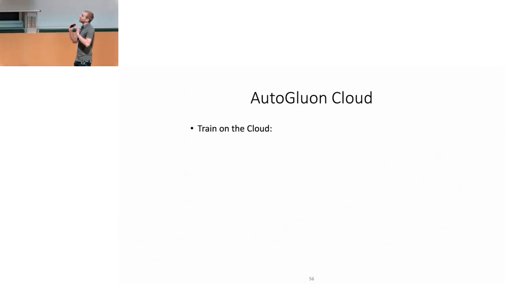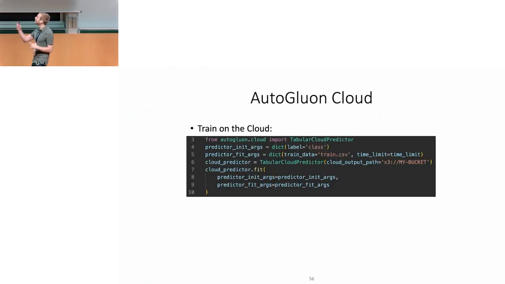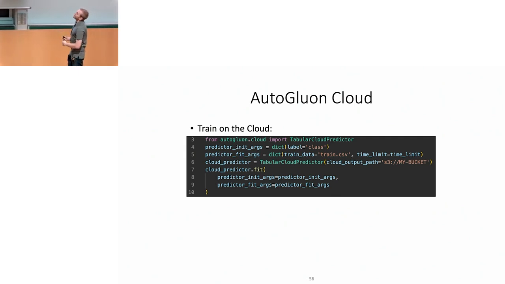Well, we created something called AutoGluon.cloud. And so here is all the logic you need to be able to train on the cloud. From AutoGluon.cloud, import tabular cloud predictor.